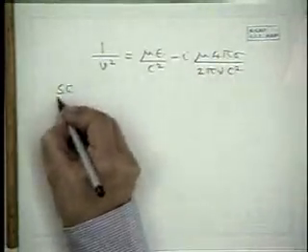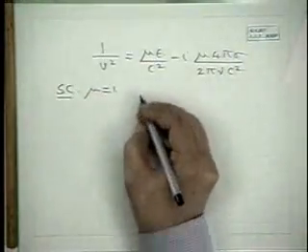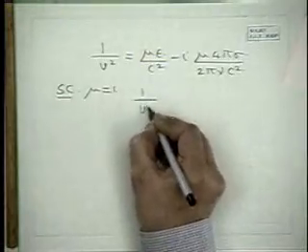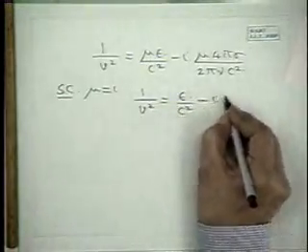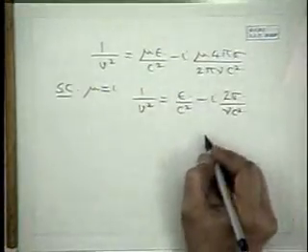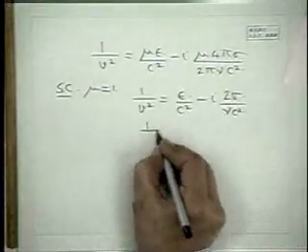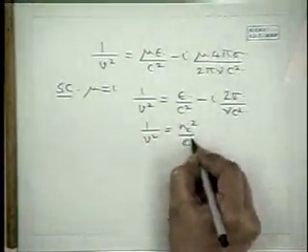In semiconductors, mu is equal to 1, so this is simplified to 1 by v squared is equal to epsilon by c squared minus i 2 sigma by nu c squared. Earlier we had 1 by v squared is equal to n_c squared by c squared.